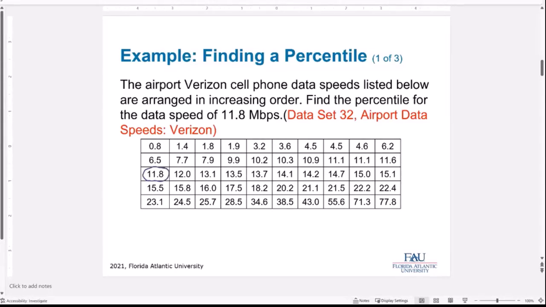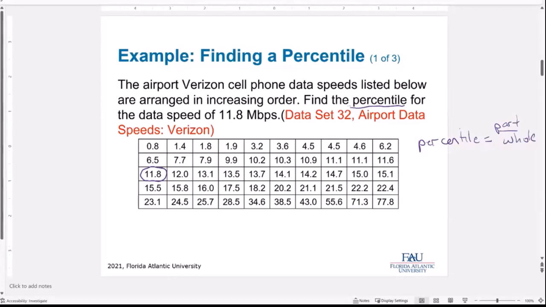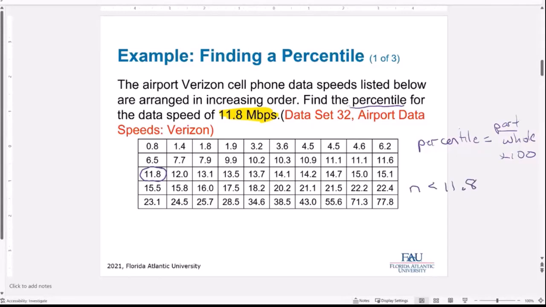And I want to know my percentile, the part over the whole, and then I'm going to multiply that by 100 to get it into percent. What it means is the number of values n is less than 11.8. When we find those numbers, that becomes our part.